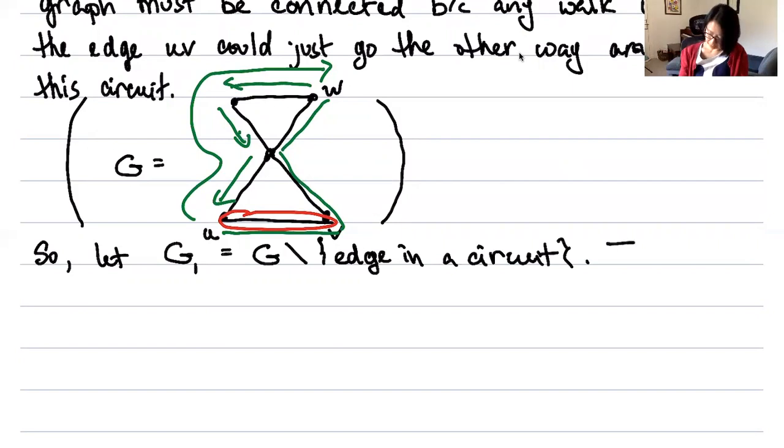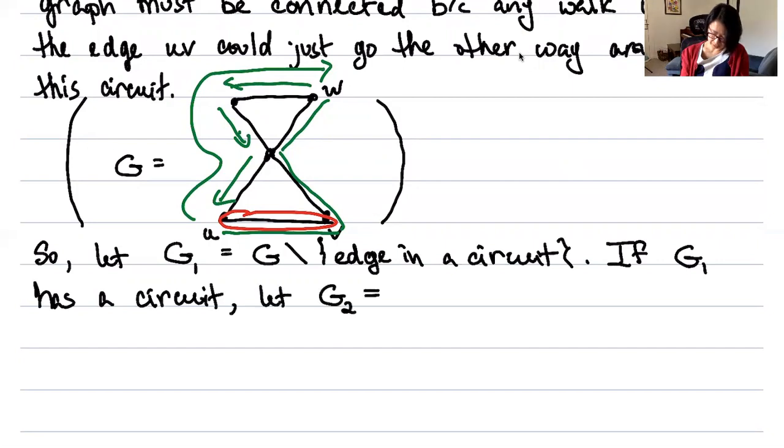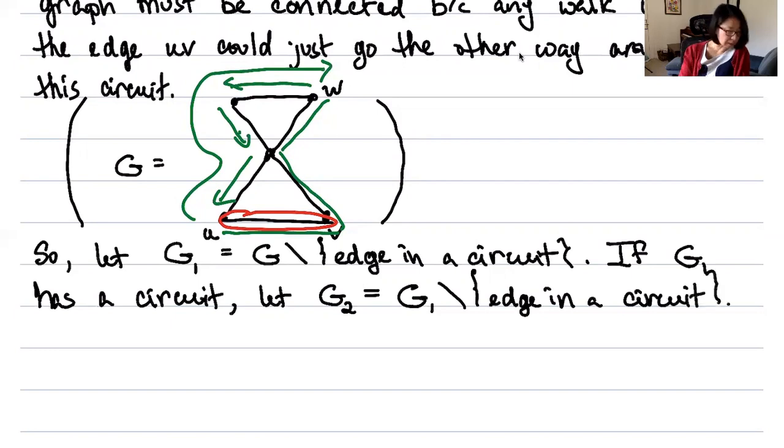And then I say, well, if my new graph still has a circuit, do it again. So if G1 has a circuit, I'm going to break that circuit too. I'm going to let G2 equal G1 minus some edge in a circuit.